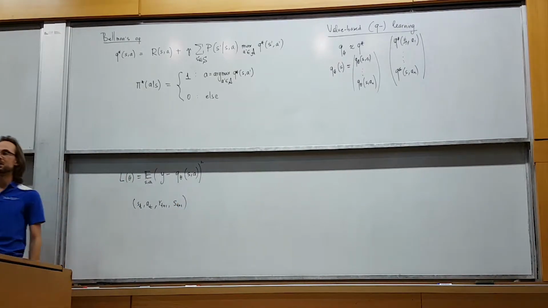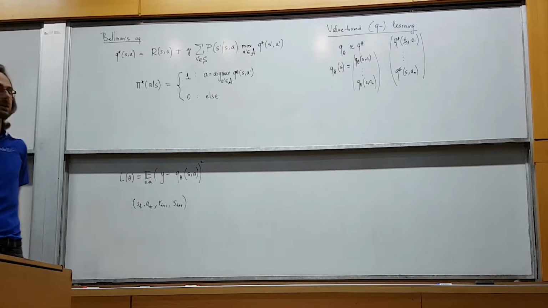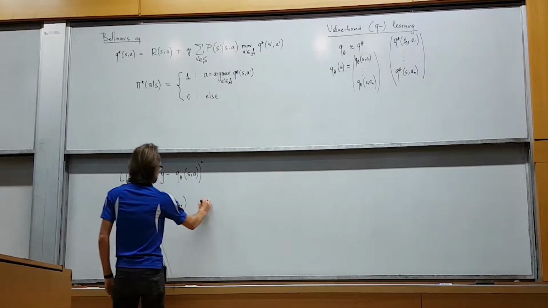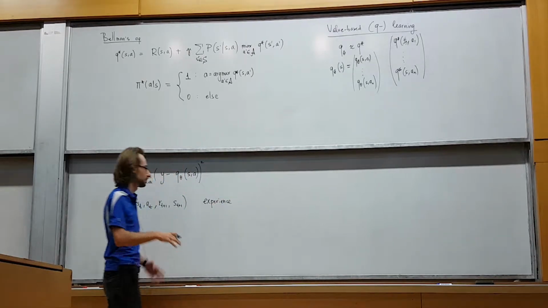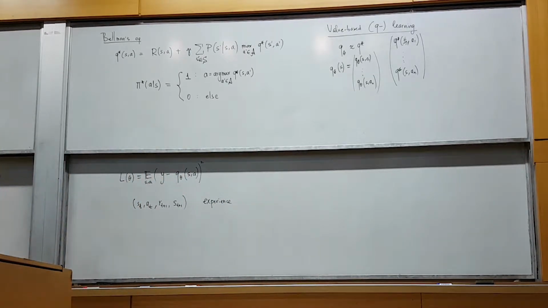So basically, when I'm playing a game, I have a trajectory that can be decomposed into such tuples, and we call this tuple an experience. It's the basic unit of a game. It's one move in a game.